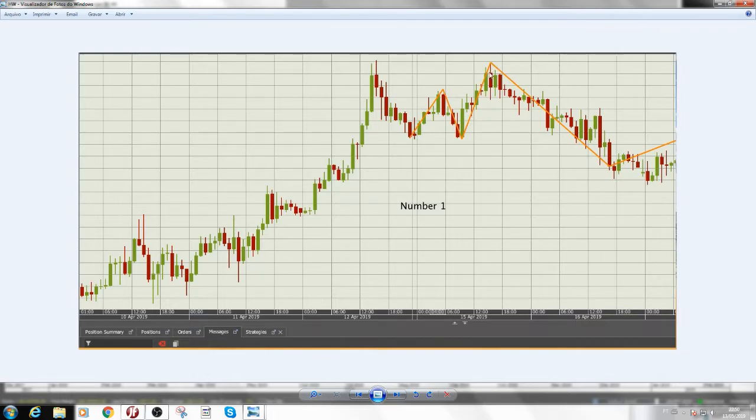So the center is not this one. I hope you see the mouse. This is the center tip, everybody. So everybody who sent this picture or a similar one, remember, the center tip of the crown must be the highest point, the highest high, or the lowest low, for that matter.